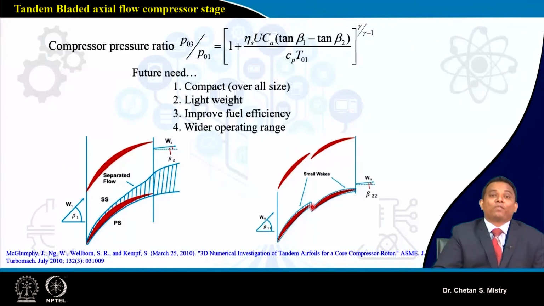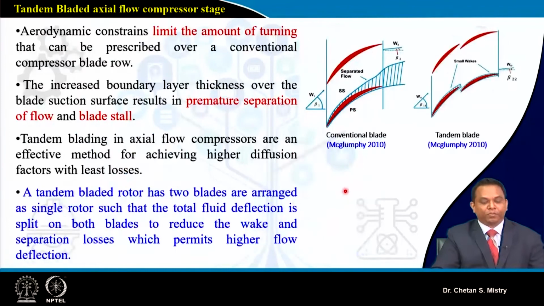Once my flow is accelerated, it helps avoid flow separation from my second blade, so my flow will stick to this surface. This is a concept people are exploring these days, called the tandem bladed concept.